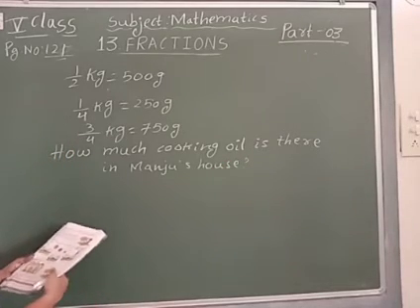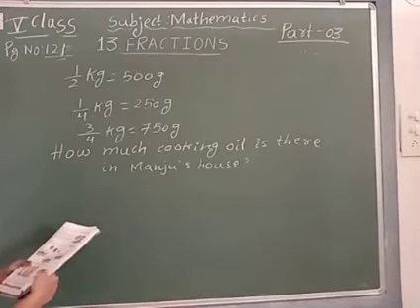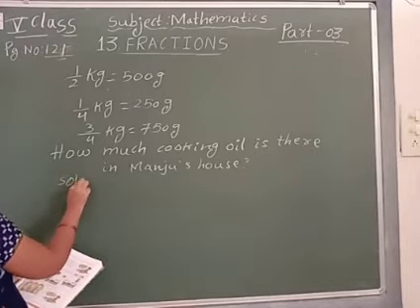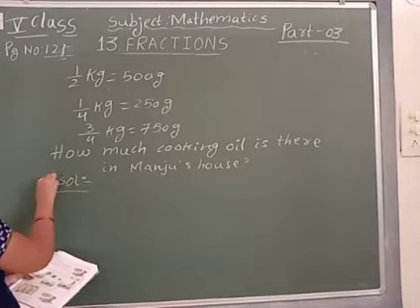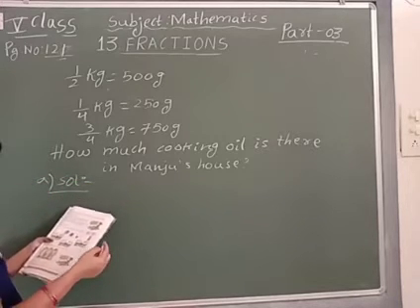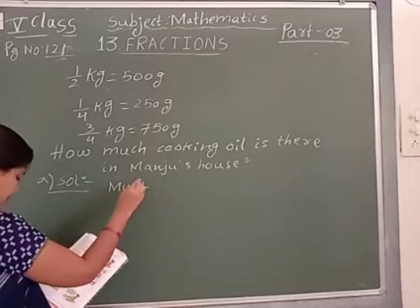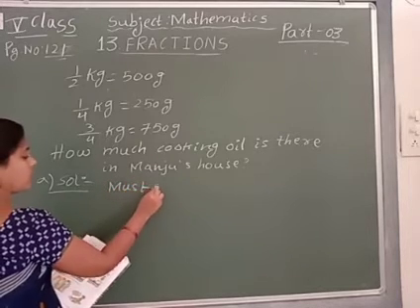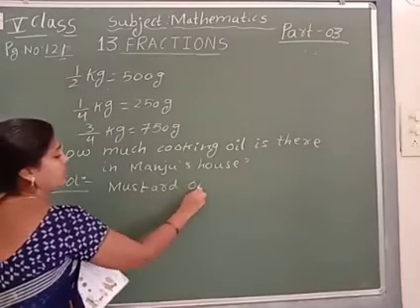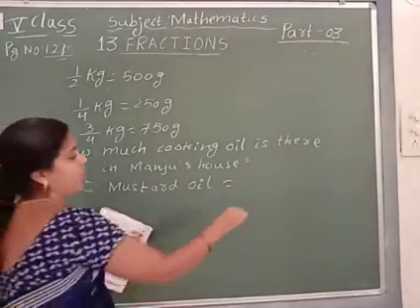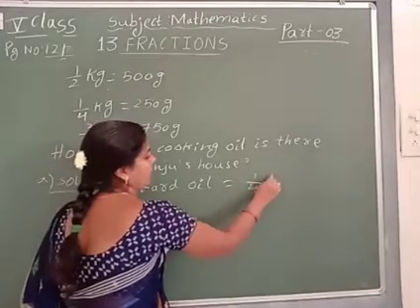See here. So the answer: mustard oil, how much is there? Mustard oil 1 by 4 liter.